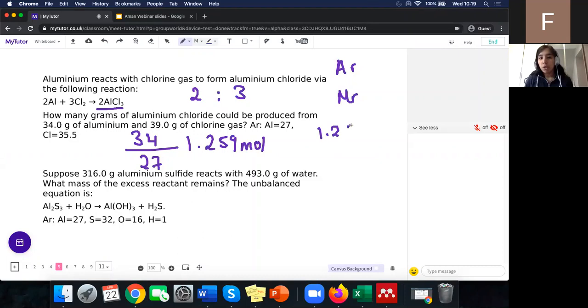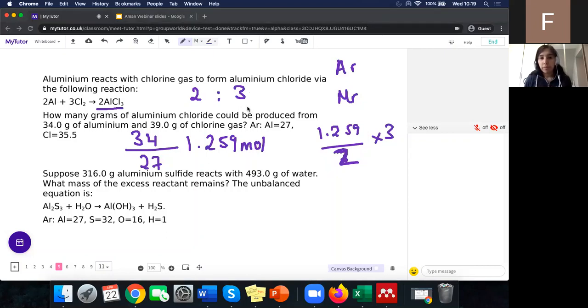So what's 1.259 divided by 2 and times by 3? What's that equal to? Remember, we're using the ratio there, so the ratio is 2 to 3. Great, 1.8885. So the number of moles of chlorine is 1.8885. Excellent, well done.